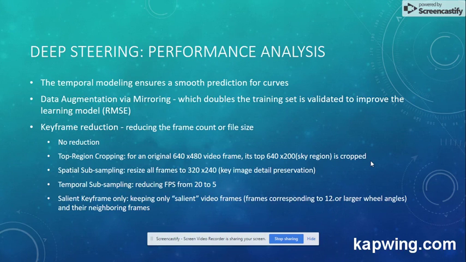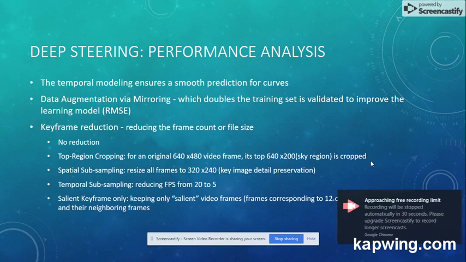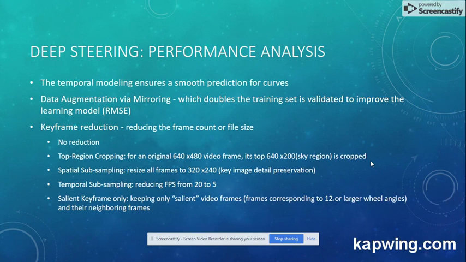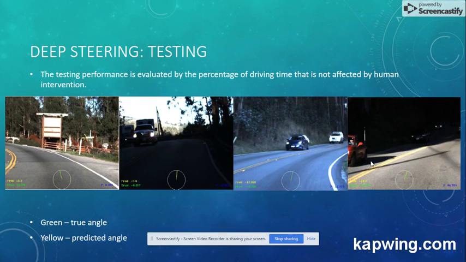Also, key frame reduction methods like top region cropping, spatial subsampling, or temporal subsampling are also used, where the spatial subsampling was found very beneficial. These are some of the testing performances which gave a very close evaluation to the actual angle predicted.